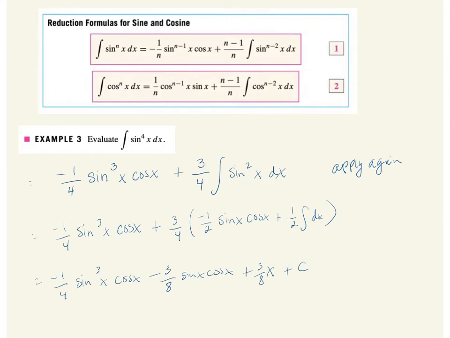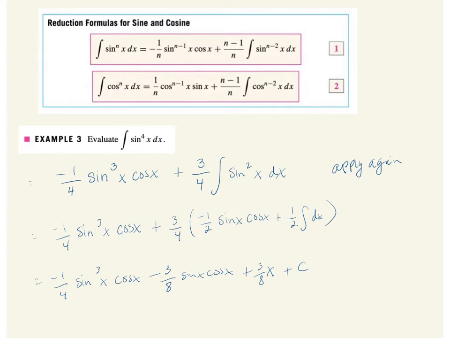So I followed along, and the first line of work shows that it becomes negative 1/4 sine cubed x cosine x plus 3/4 integral sine squared x dx. So I still have another reduction formula that I have to apply again because sine squared x as is, I cannot integrate it.